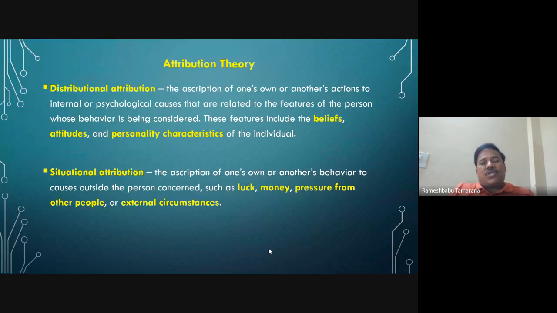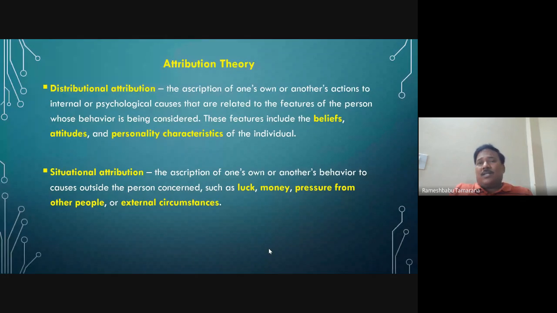But situational attribution says that it is the ascription of one's own or another's behavior to causes outside the person's control. For example, when somebody succeeded in life, or someone cracked the civil service examination, or got into the JEE examination, probably we say that okay, this person must be lucky. Or we say that he's not that talented, but still he got it, probably he was lucky.